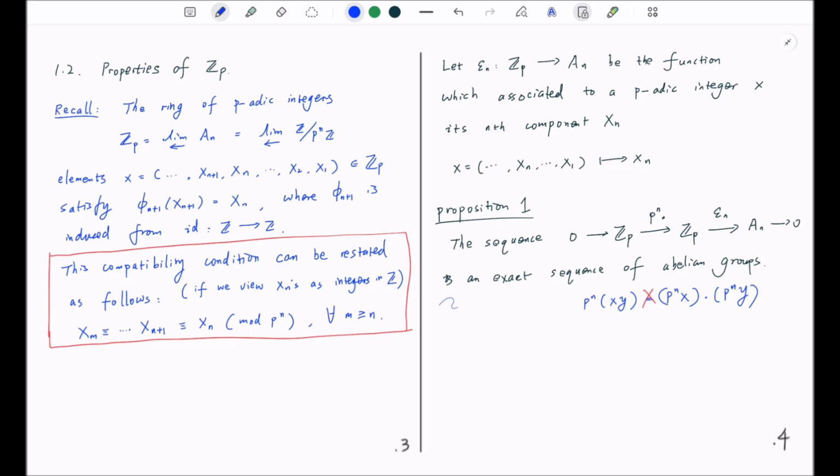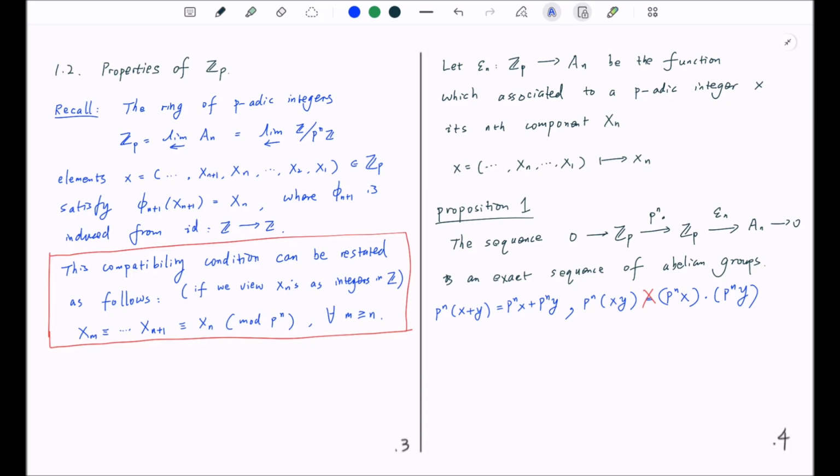But we do have p^n times (x plus y) is equal to p^n x plus p^n y by the distributivity in the ring Z_p. This is true, but the other is not necessarily true. So we only have an abelian group homomorphism, not a ring homomorphism here.